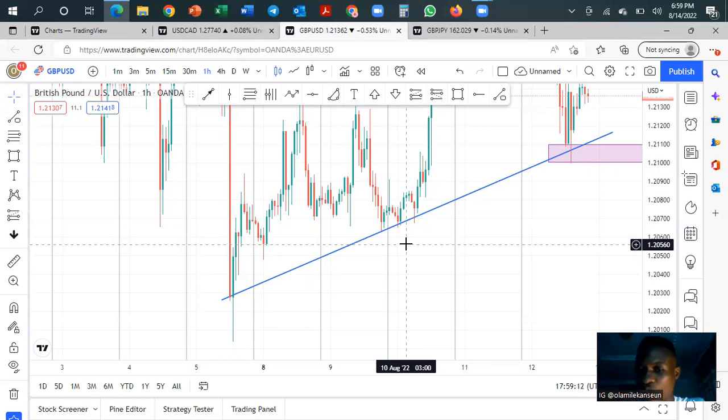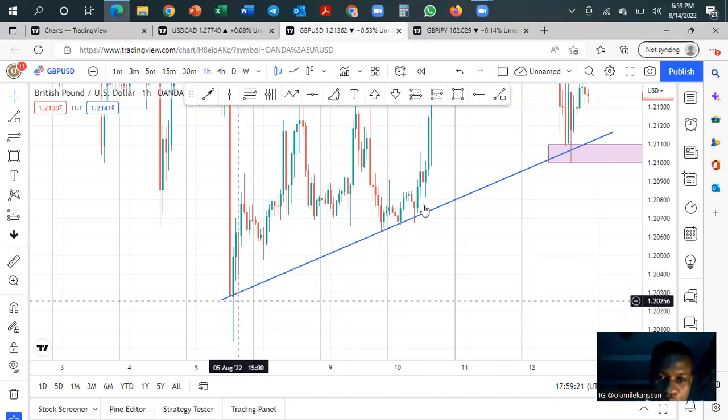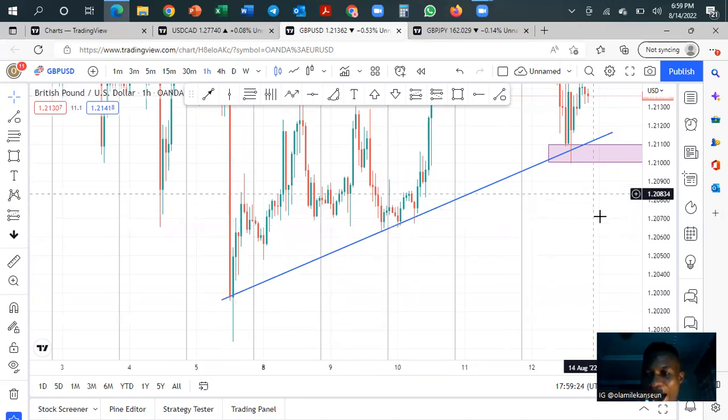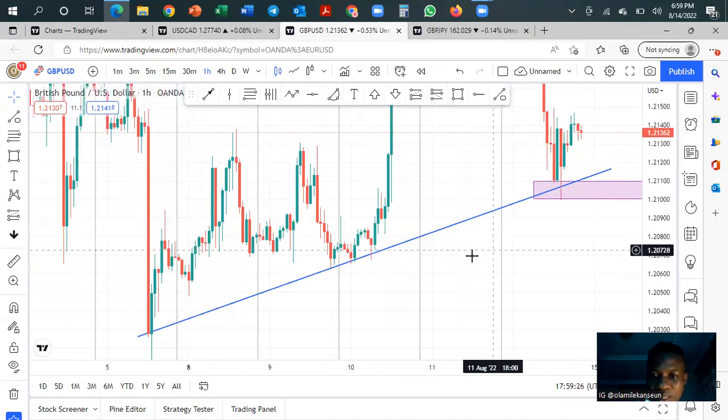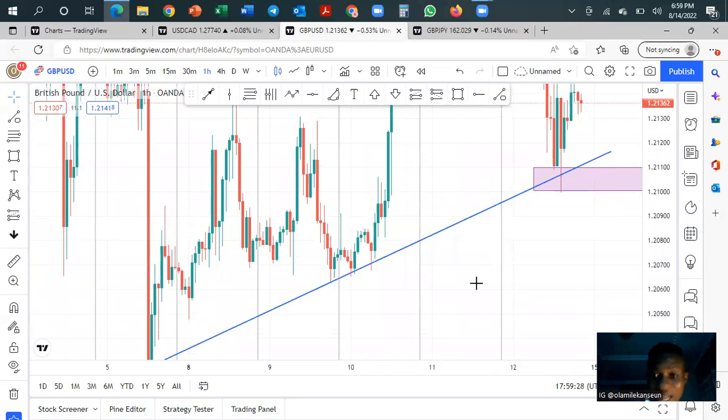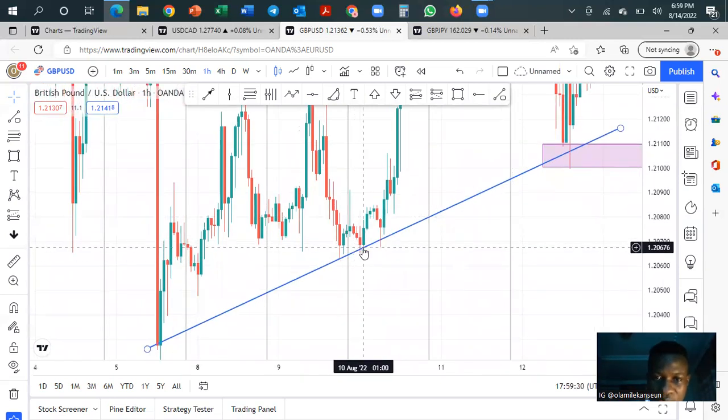If I don't see the third touch on the trend line, I don't trade. When I see the third touch and I see my confirmation, I trade. So here's my first touch, here's my second touch. I personally count this as my third touch.